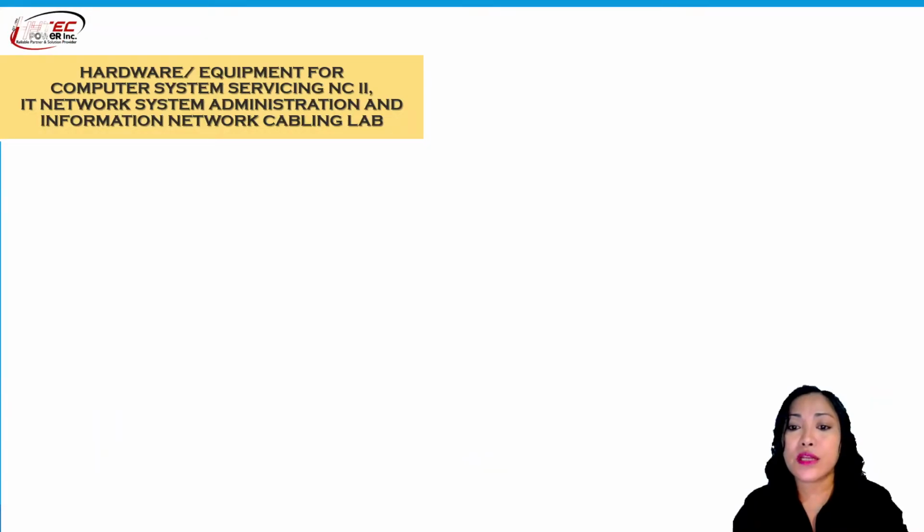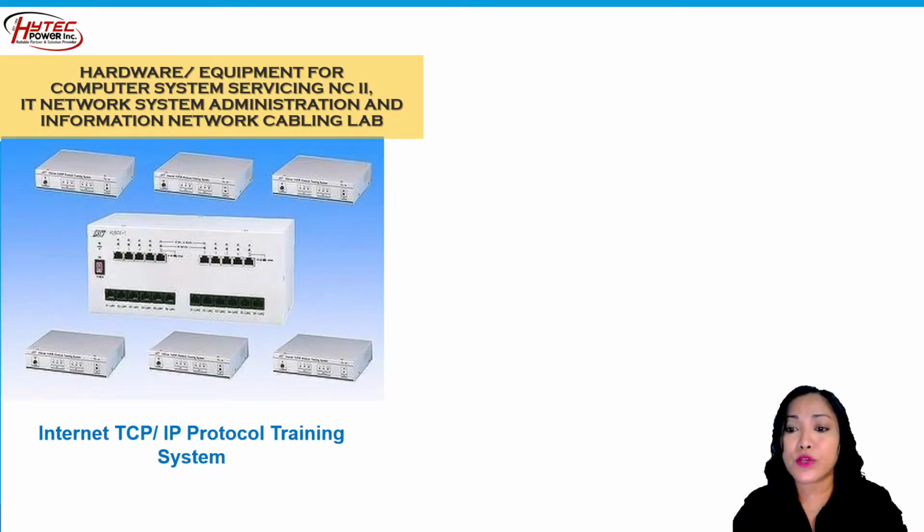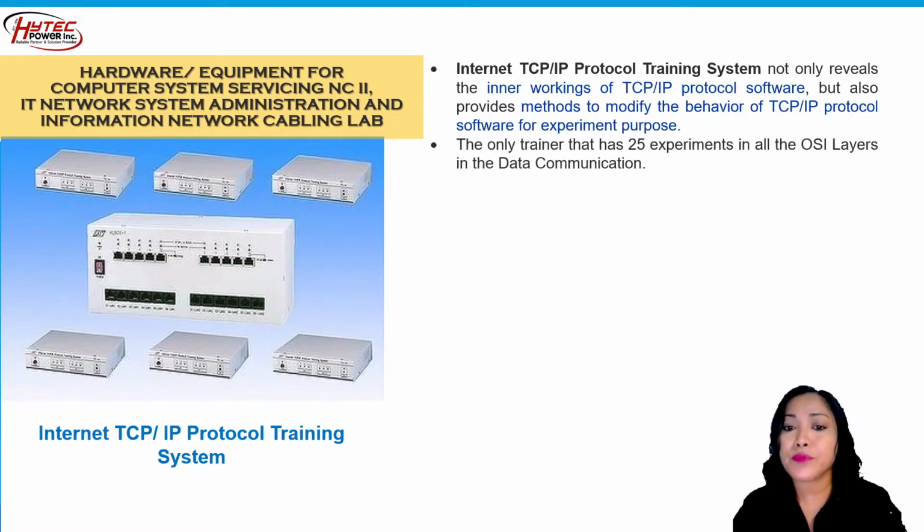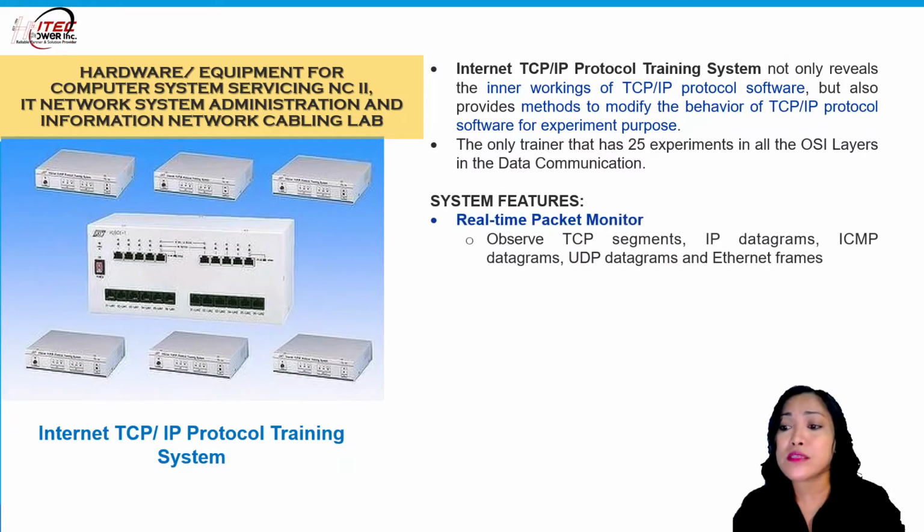Next is the Internet TCP/IP Protocols Training System. It not only reveals the inner workings of TCP/IP protocol software but also methods to modify the behavior of TCP/IP protocol software for experiment purposes. It is the only trainer that has 25 experiments in all the OSI layers in data communications. The system features real-time packet monitoring that observes TCP/IP segments, IP datagrams, and more.